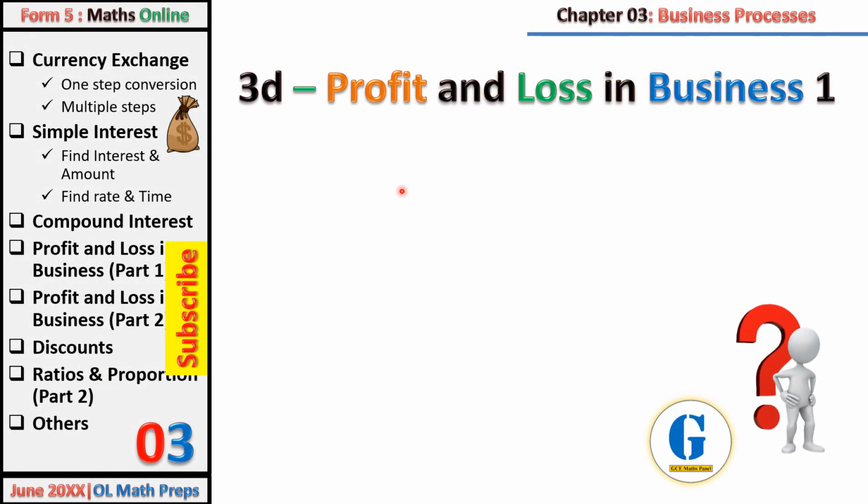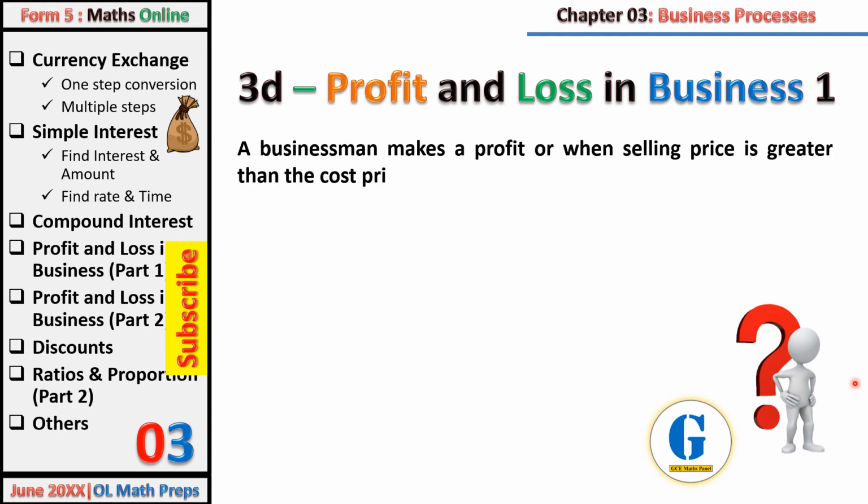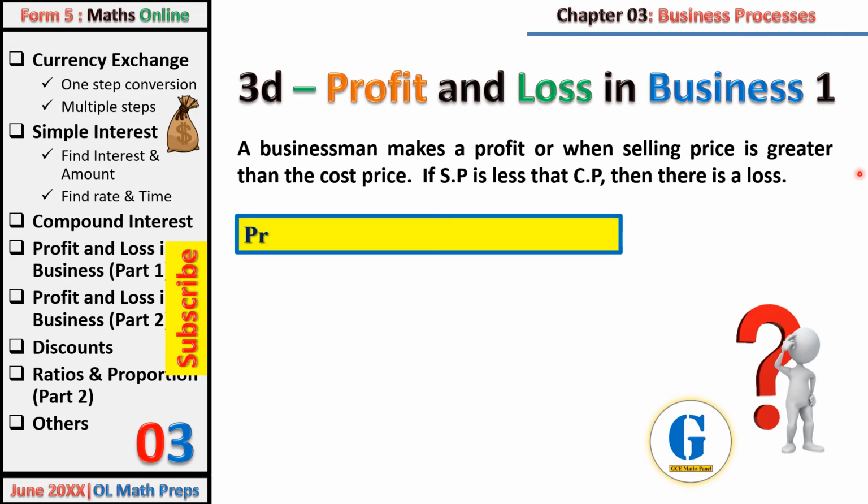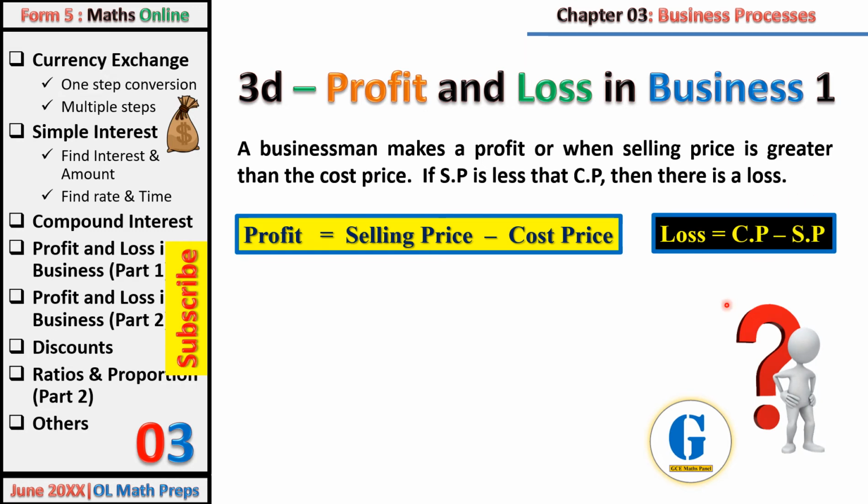So in this part, we continue with profit and loss in business. A businessman makes a profit when the selling price is greater than the cost price. So if the selling price is less than the cost price, then there is a loss. Profit is given by selling price minus cost price, and the loss is given by the cost price minus the selling price.